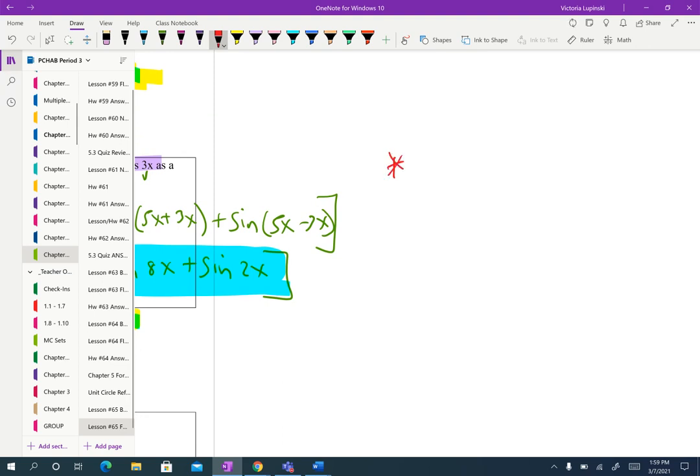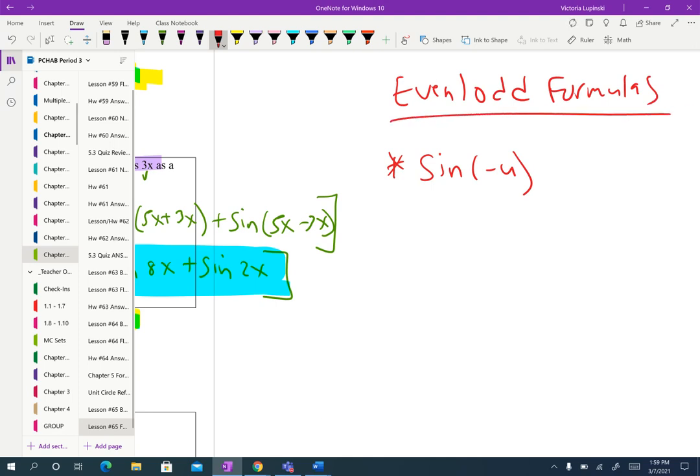Just for some of the homework problems tonight, there's an interesting thing. Let's say you wound up getting the sine of something that was negative. Because of the even and odd formulas, the sine of negative u is not considered to be as good of an answer as the negative sine of u.